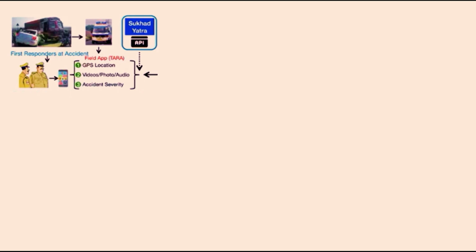The first respondent will be the traffic policeman, who will start recording the GPS location and take photographs of the accident. It even has the option of uploading relevant photos as well as short videos. That way, if we are doing scientific analysis subsequently, even narration may not capture the situation, such as the vehicle position after the accident, which is sometimes very difficult to describe in words.